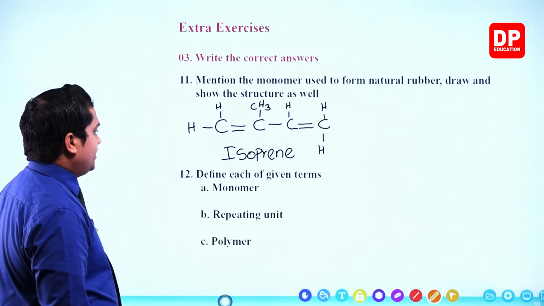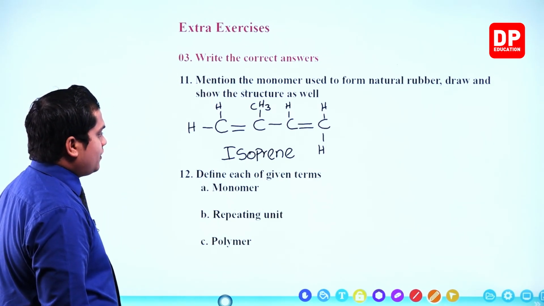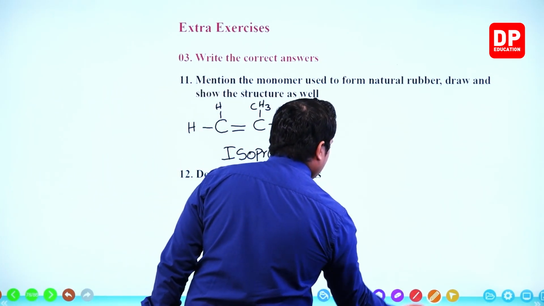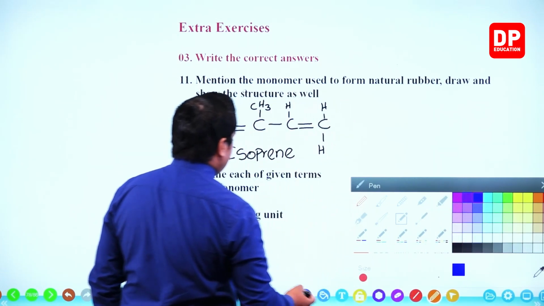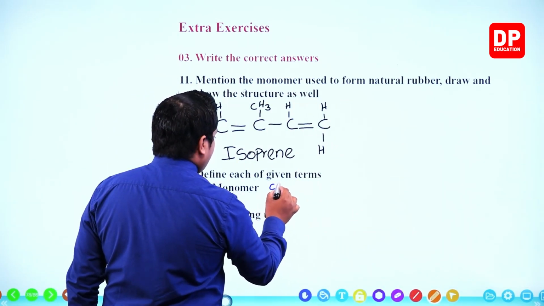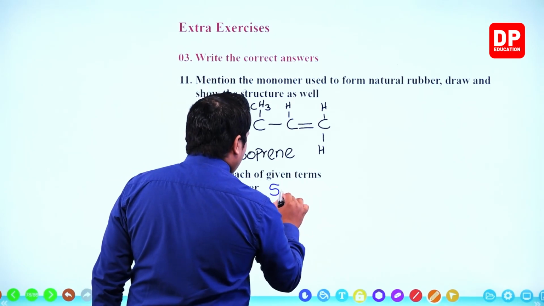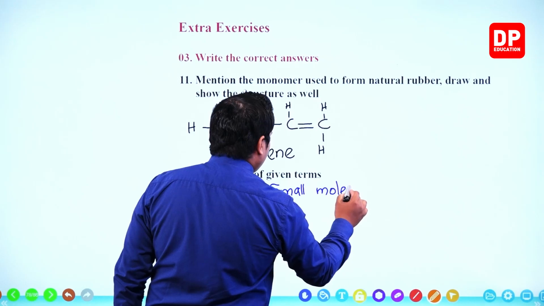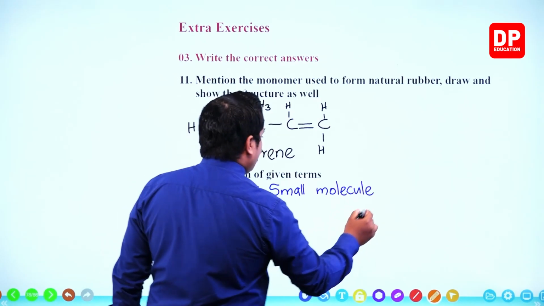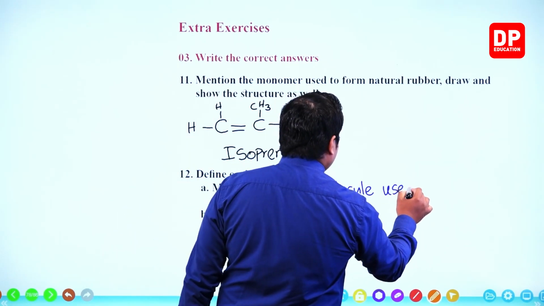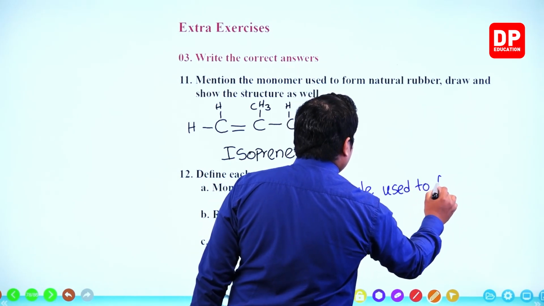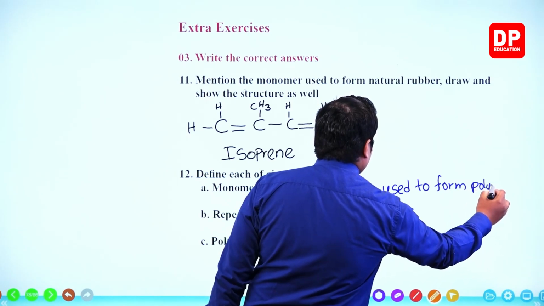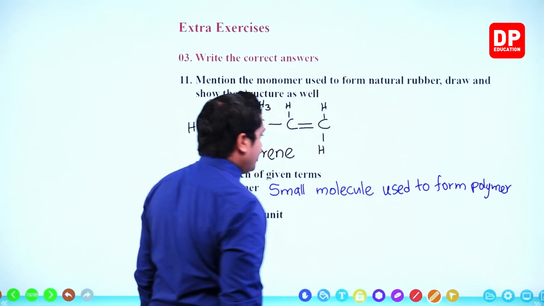Isoprene. Next one, define each of the given terms. Monomer. So monomer means this is the structural unit or else small molecule used to form a polymer, right?